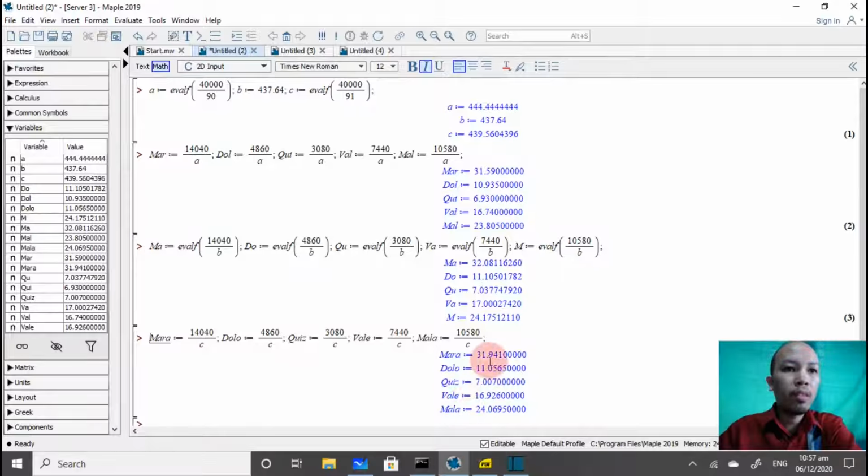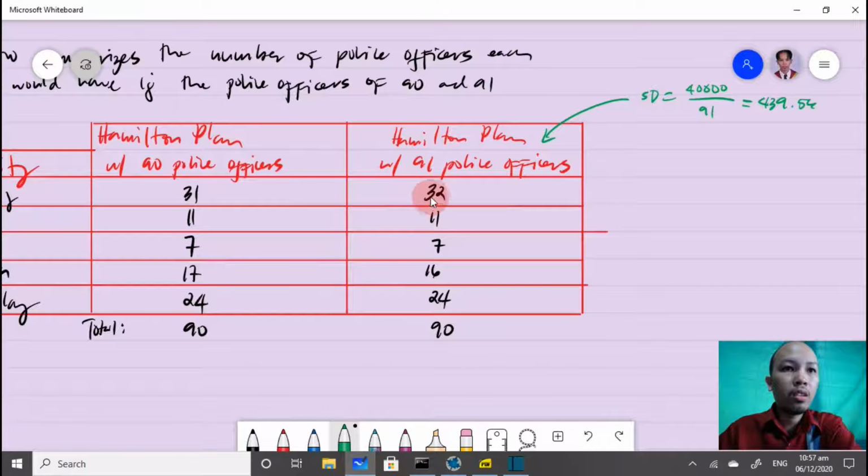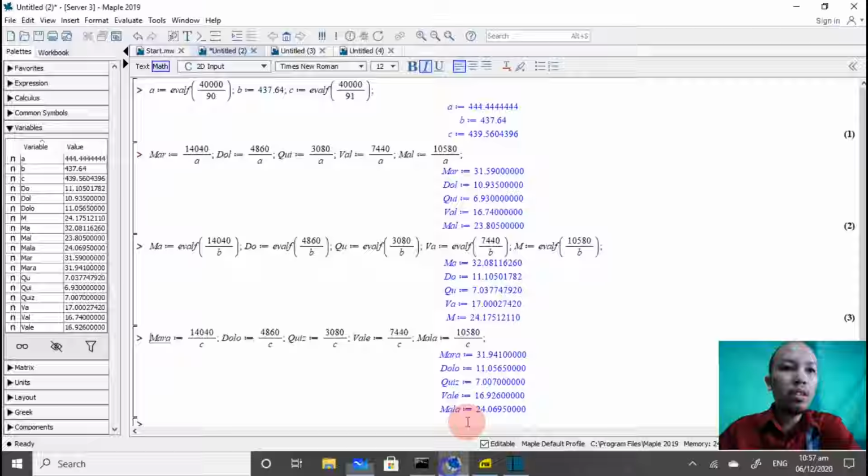So you will add a value in the Maramag municipality. This becomes 32. This one is 31, so 31 plus this one is 89, so add something here because this one has the highest decimal.